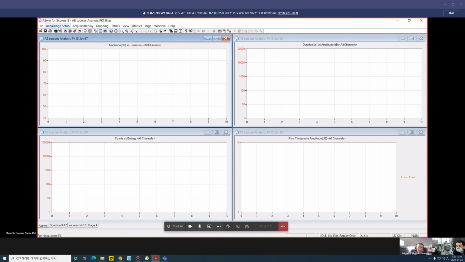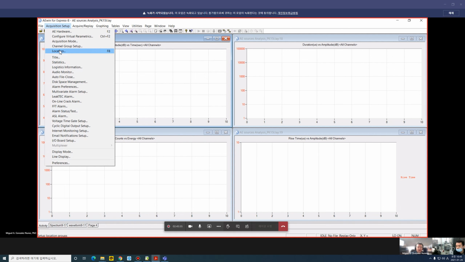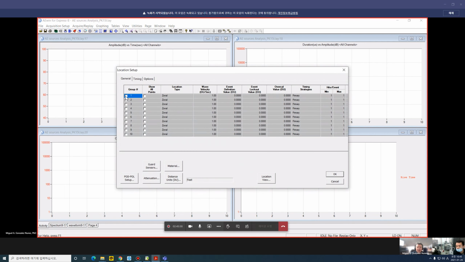We are going to go in further depth later, but just to answer your question, when you go to the acquisition setup and you go to the location, if you use a location group, let's say 2D planar location, and you specify the wave propagation velocity, you specify the event definition value, and you specify the event lockout value, then at the end, you see the number of sensors detecting one signal.